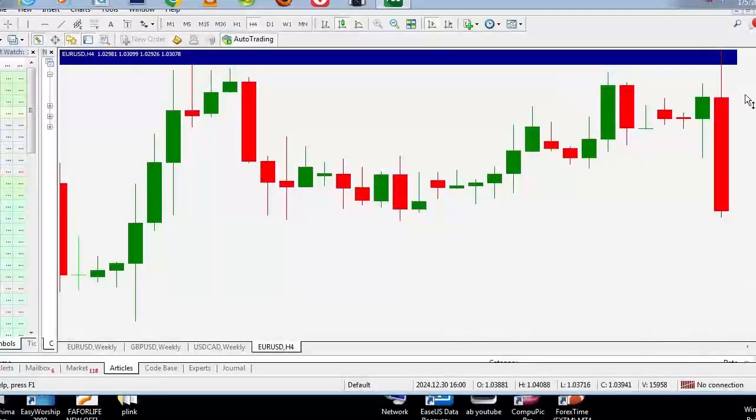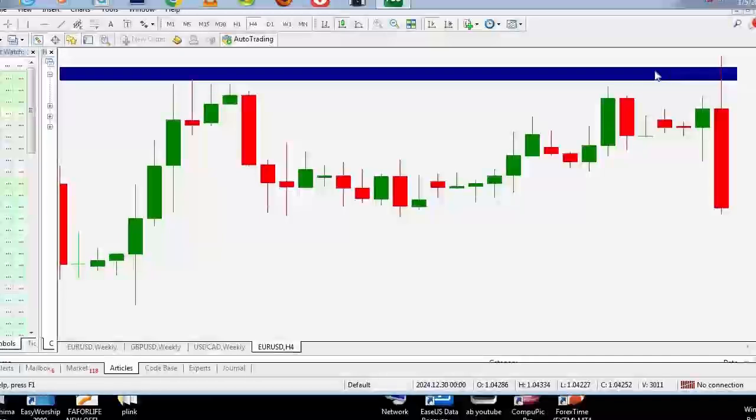Good. So this is the 4-hour chart, and this is that fair value gap on the weekly chart. The fair value gap that we marked. So notice that once the 4-hour chart came up all the way to this imbalance on the weekly chart, we started seeing a reaction here.